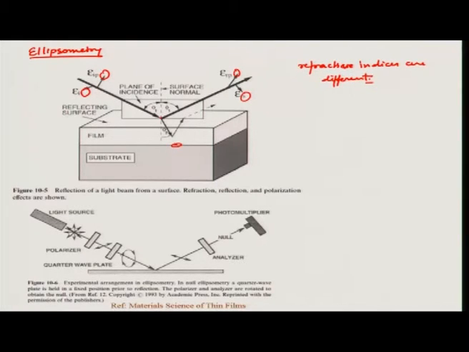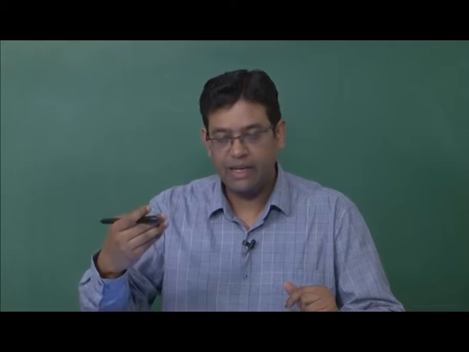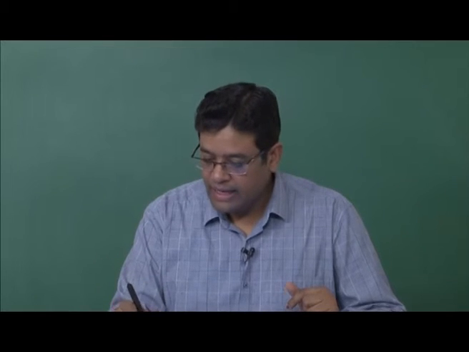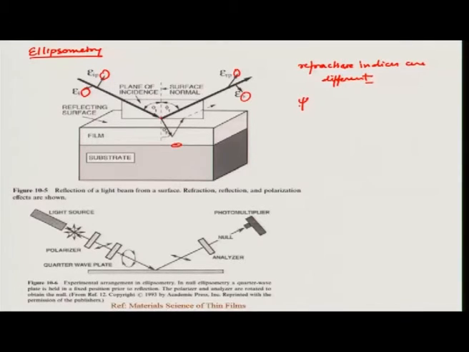So, based on the model of how much of the different parallel or perpendicular components of electric fields are reflected, we can have two components, delta and psi. This psi is the amplitude ratio of reflected light, and delta is the phase difference.